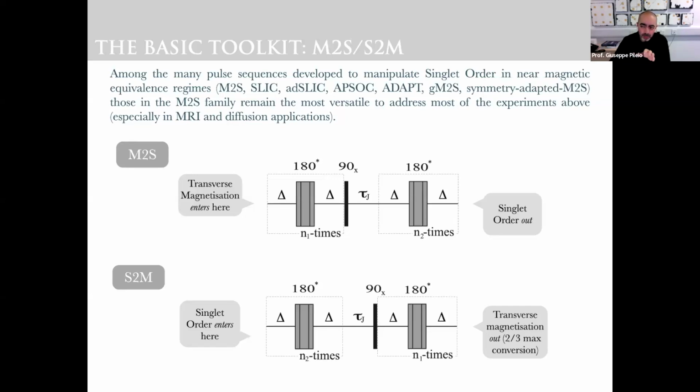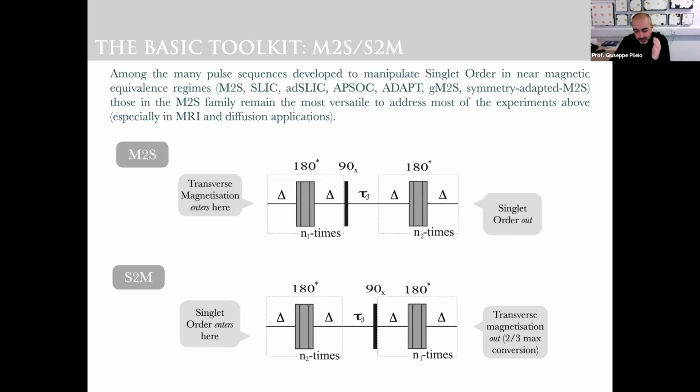Among all this family of pulse sequences, the ones in the M2S family are the most versatile, at least in my judgment, not only because they come from here, but mainly because they can be adapted to experiments where you play this sequence along with pulsed field gradients. So they transport these ideas into the field of diffusion and MRI, as I'm going to show you extensively in the rest of the talk.